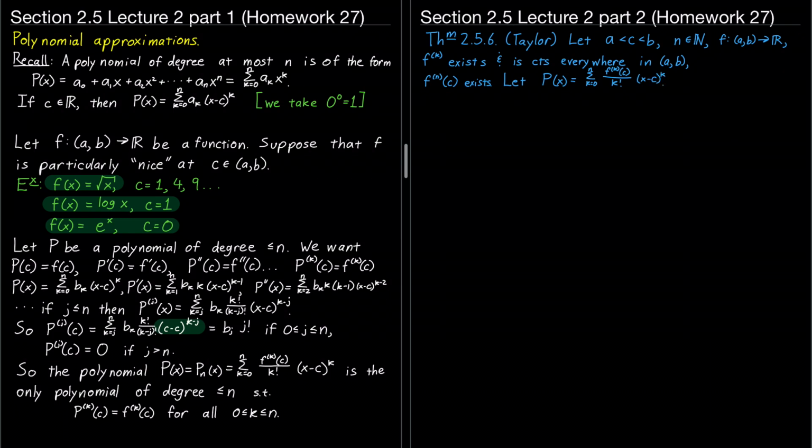And then the following two things are true. The first thing is that f of x is equal to p of x plus h of x times (x minus c) to the n. Okay, so that's not too hard. You just let h of x be (f of x minus p of x) over (x minus c) to the n.